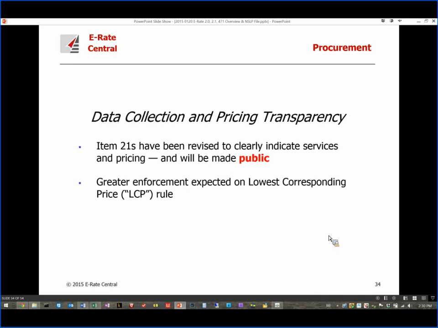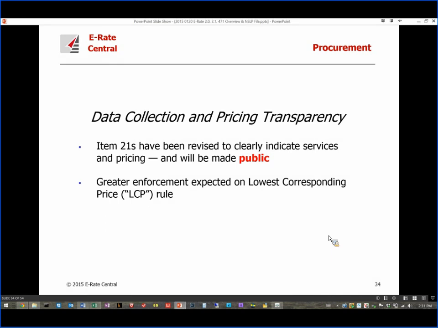In the process of entering into contracts, the FCC has put into rule that the item 21s will clearly indicate the services and pricing, and that information will be made public.